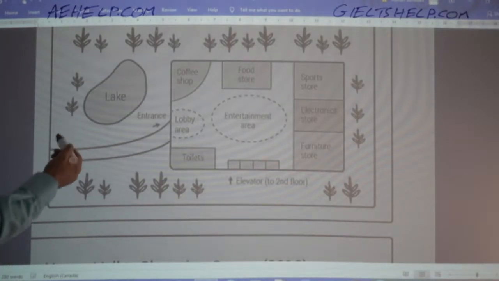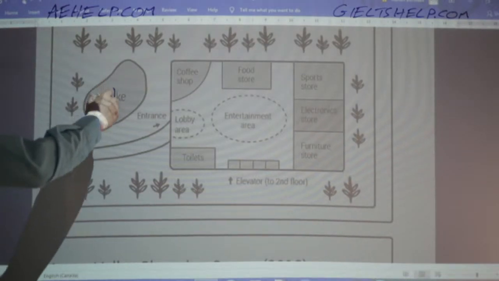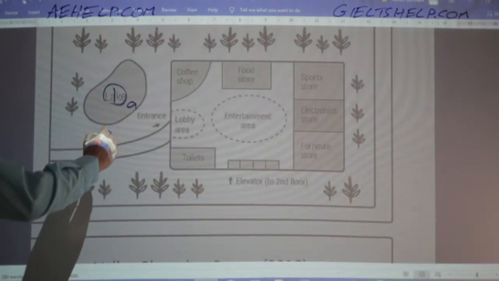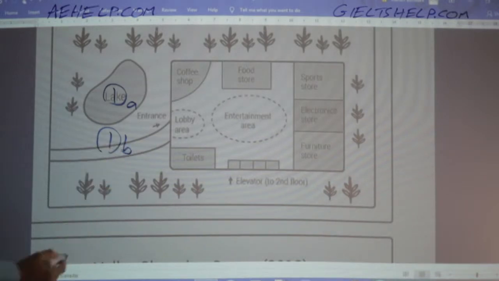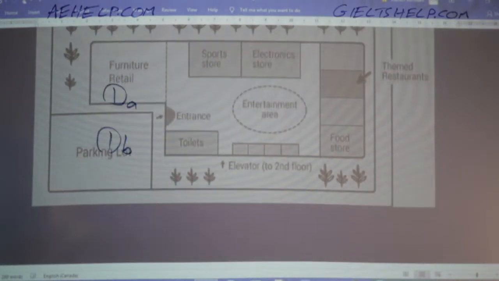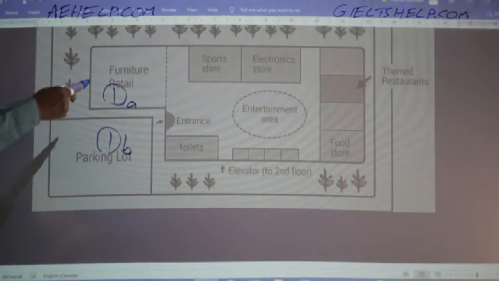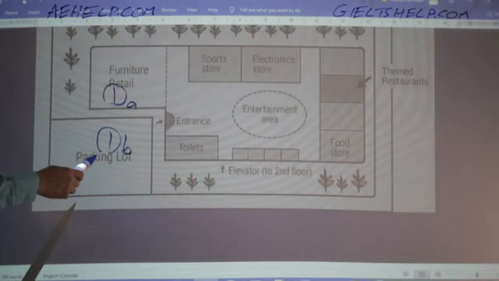So I've already kind of jumped the gun and went ahead with 1A and 1B, 1A, 1B being the lake and the road changing to the furniture retail store and the parking lot.